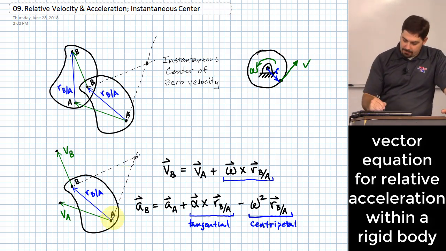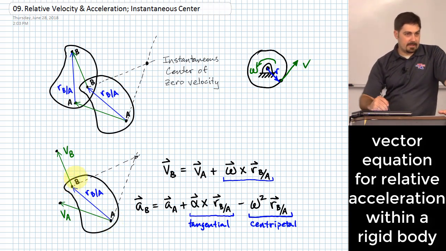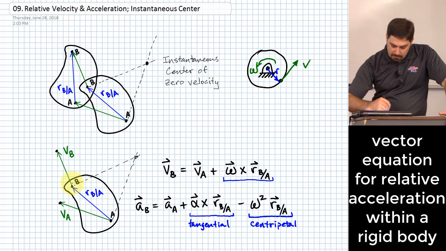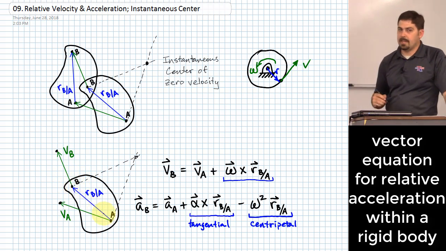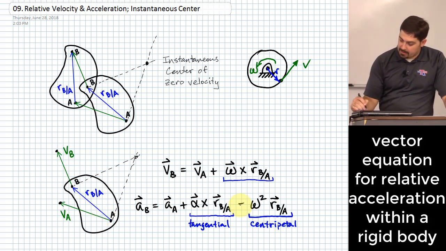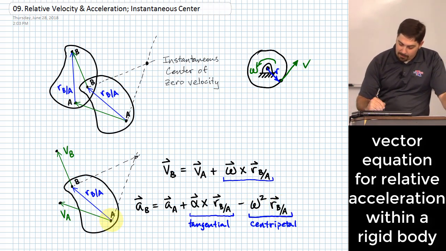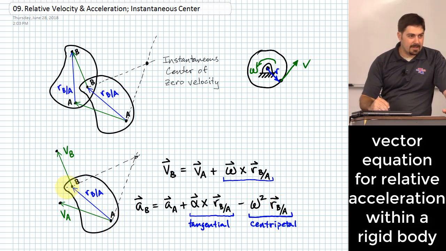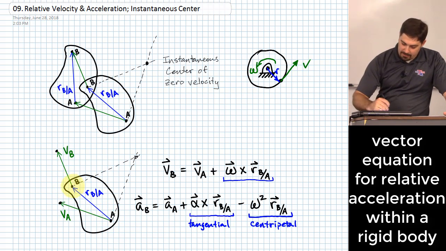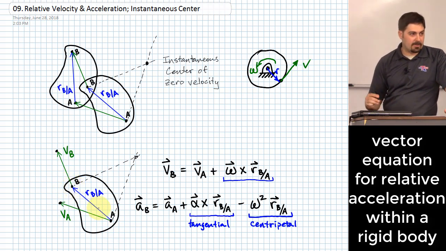If it's rotating fixed about point A, point B would have this acceleration component toward A. That's what that normal, or centripetal, component would be. That's what explains the negative sign, because this vector B with respect to A points from A to B, whereas the direction of the acceleration goes opposite that vector. Does that make sense? That's why the negative sign shows up right there.